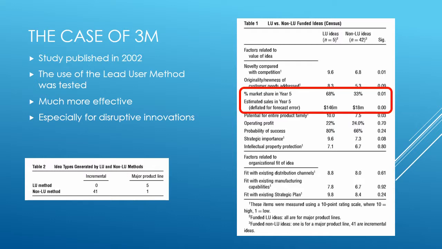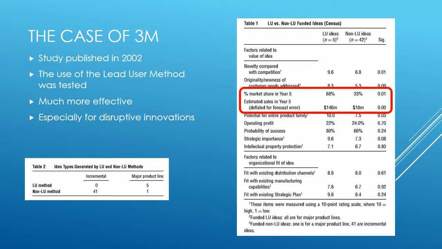And this also leads to the table on the right, table 1, that shows us the outcome of all these projects. Here we see, for example, that the market share in year 5 of the lead user generated ideas was 68% instead of only 33% for the non-lead user generated projects.